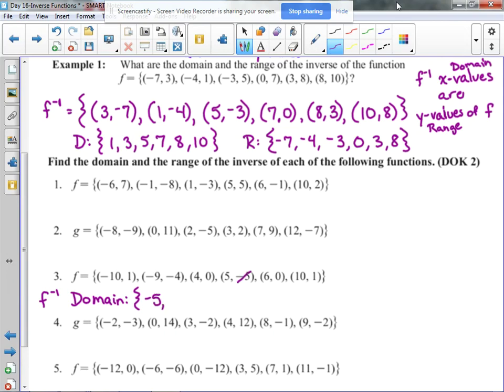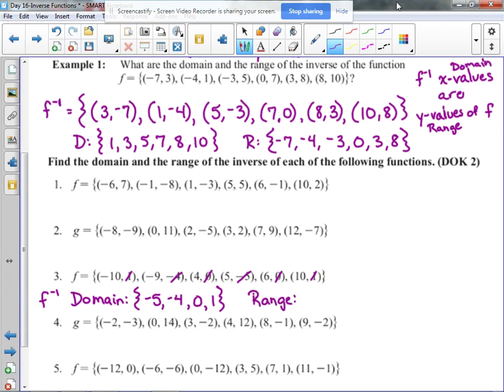So -5 was the least, then -4, then we have 0. 0 appears twice. You only list it once. Okay, if it appears multiple times as a y value or as an x value, you only list it once. And then 1 is also repeated twice. We just list it once when we're listing it in our domain.